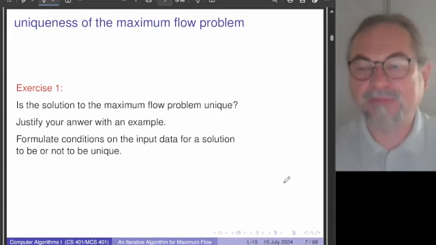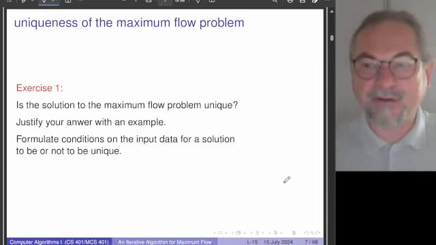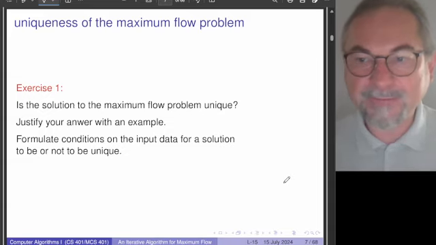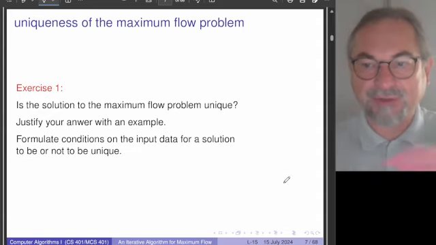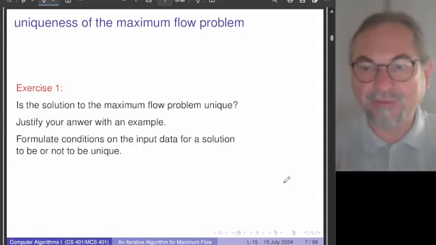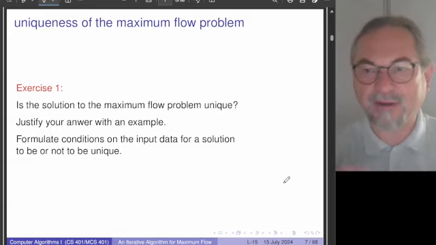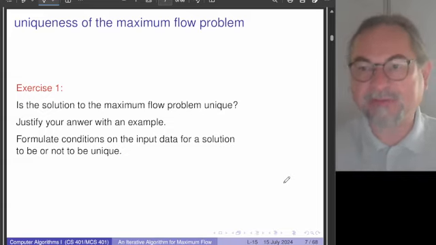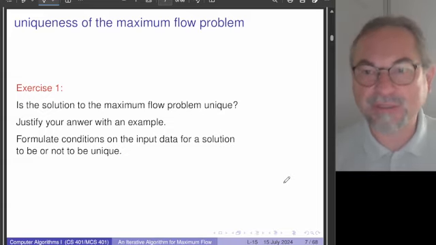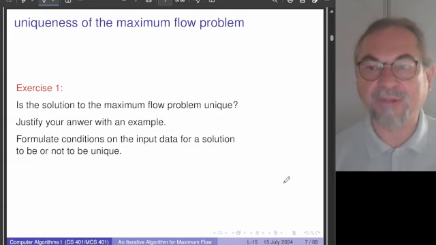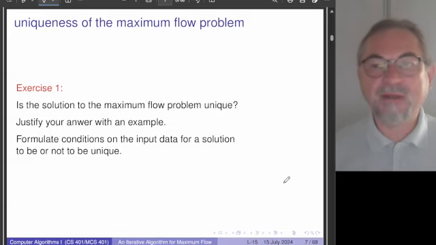Think about when all the capacities are different numbers. Then if you want to maximize something, you essentially grab some of the edges and you look in one path at what is actually the maximal flow that can go through this. If the numbers are sufficiently different from each other, this will be unique.